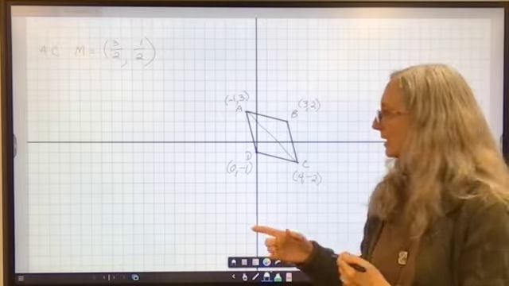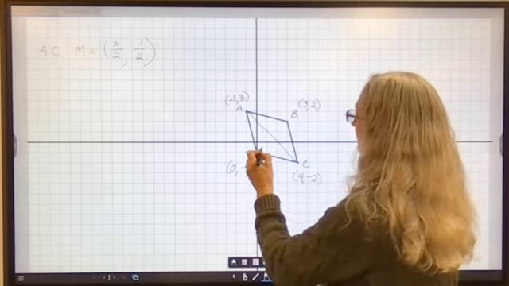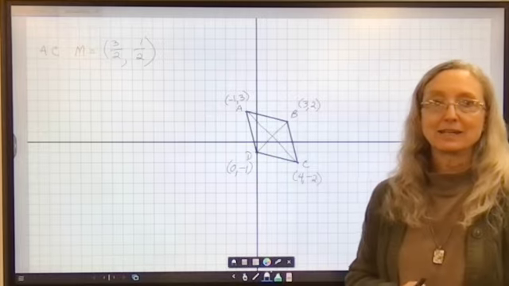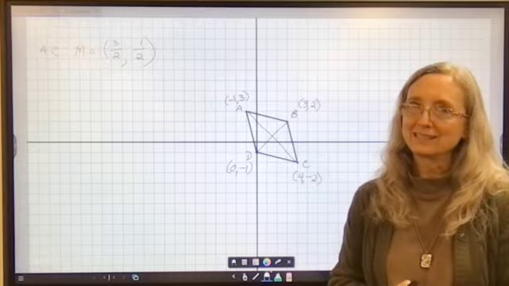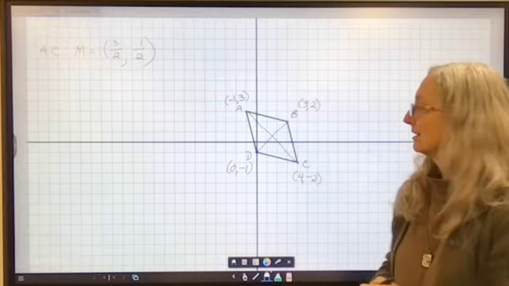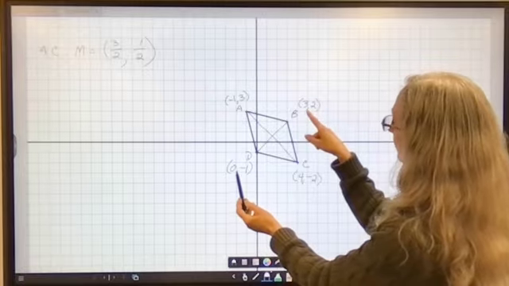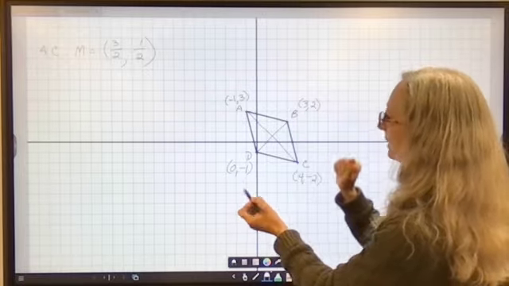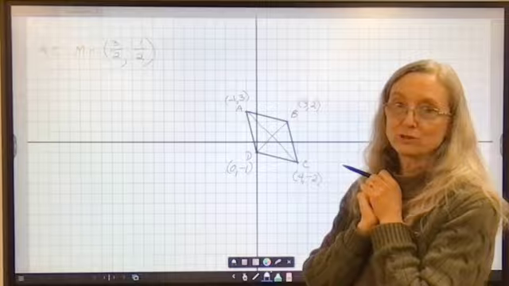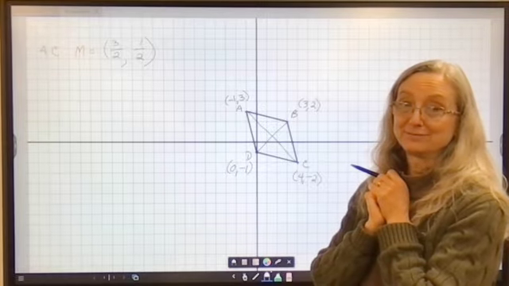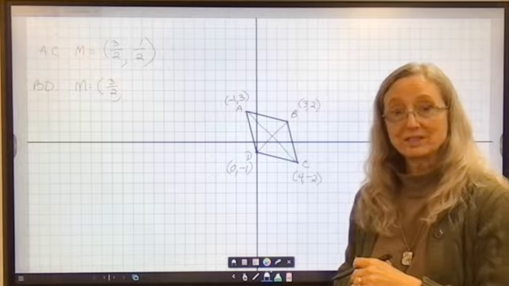I'm going to do the same process with this diagonal BD and see if its midpoint is in the same spot. So the midpoint between, in my x's, 0 and 3, 0 plus 3 is 3, divided by 2, that's 3 over 2. It's looking good so far. Let's do the same process with my y's.